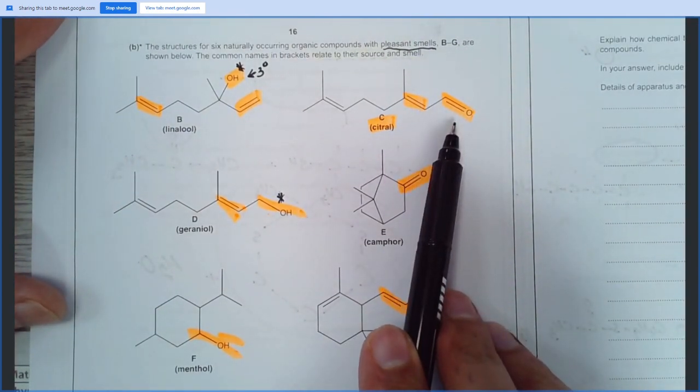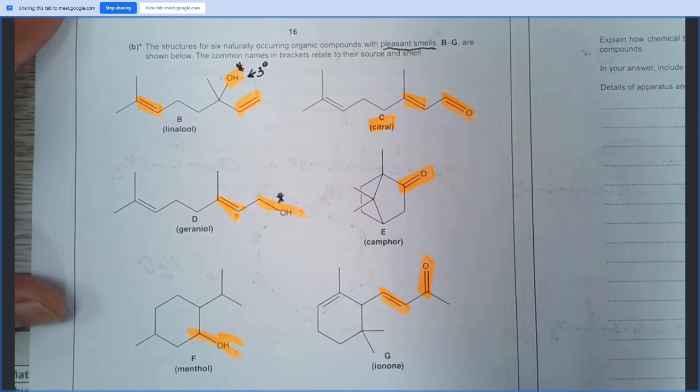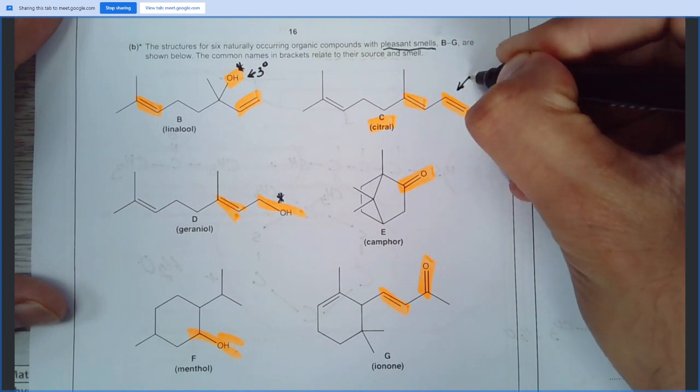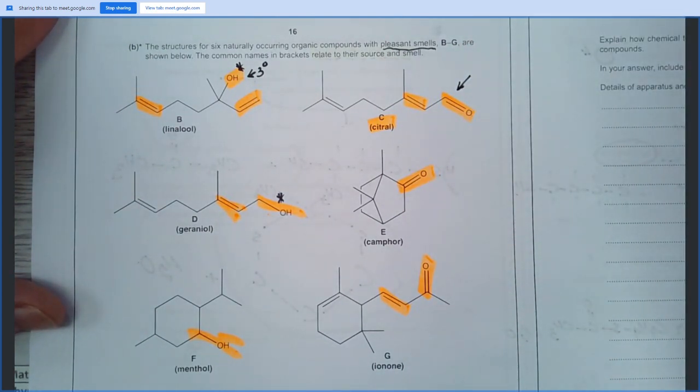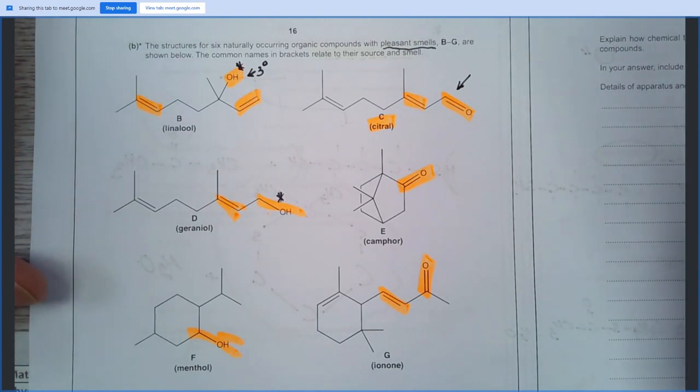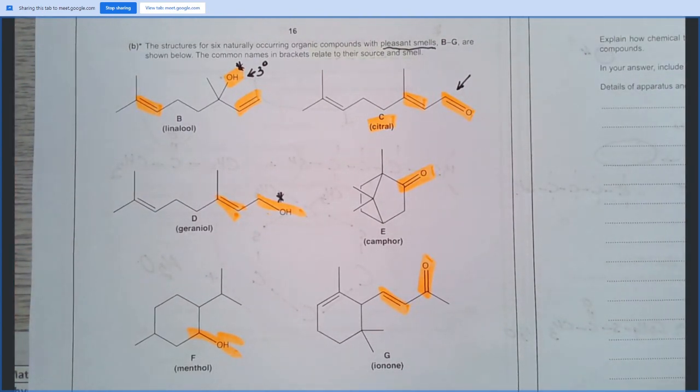What is that group? Let's pass it to Mr. Uzair. What is this group? In your exam, they give you questions with skeletal formulas. You have to think about it. What would it be? What functional group is it? Is it alkene? Is it alcohol? Is it carboxylic acid?